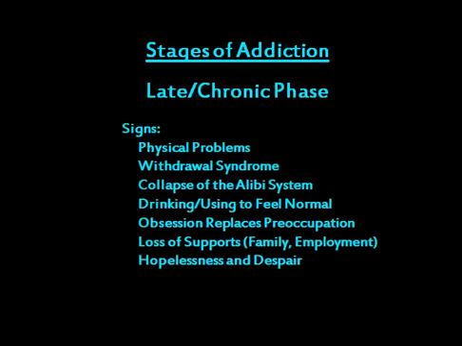The chronic phase, or the late stage of addiction, begins when we start to see the physical problems that come along with it. Stomach problems or respiratory problems or heart trouble from high blood pressure, stress-related problems, migraine headaches, withdrawal syndrome.